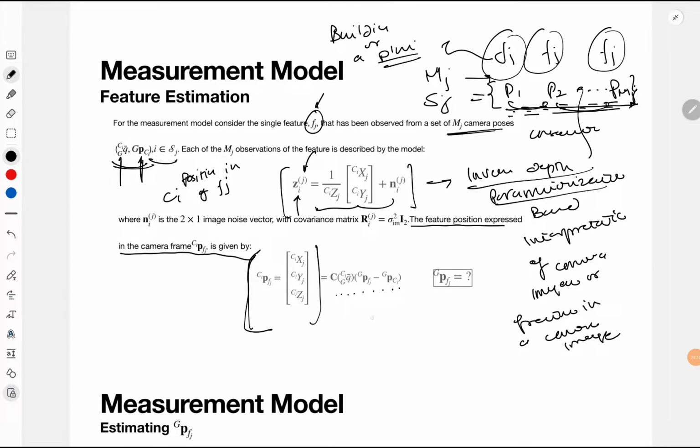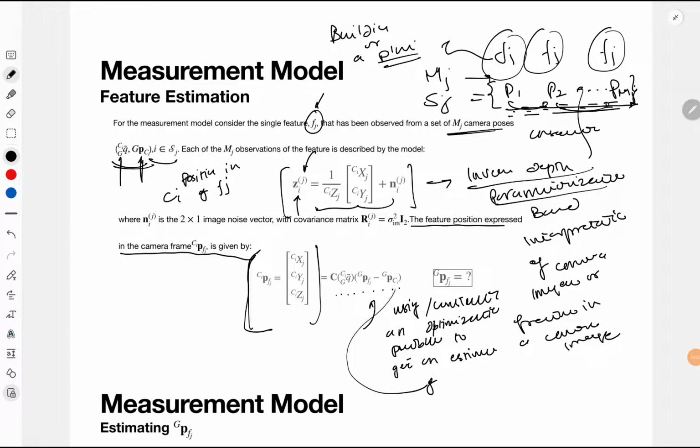So their contribution begins by constructing an optimization problem to get an estimate of the global position of the feature fj.